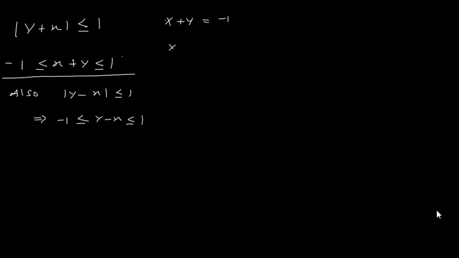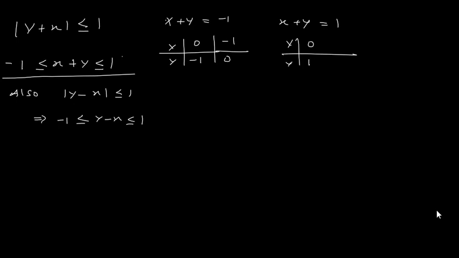For this we take 2 points: when x is 0, y is -1, and when y is 0, x is -1. Similarly, x + y = 1: when x is 0, y is 1, and when y is 0, x is 1. Okay.